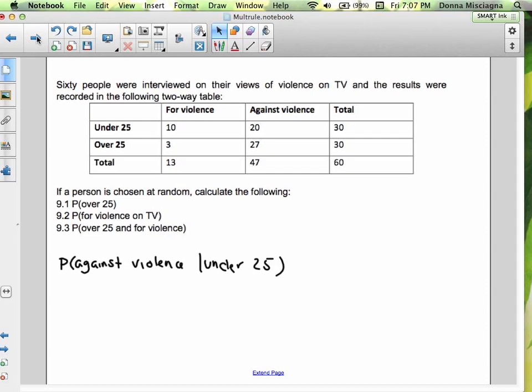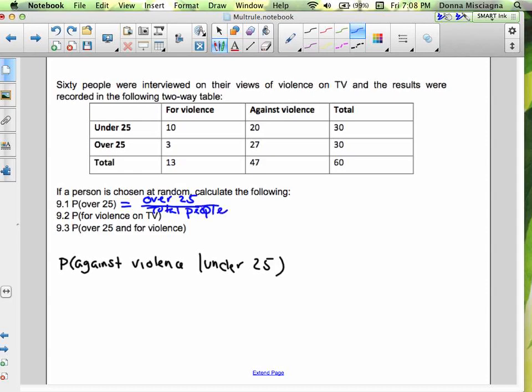So it's the probability you're over 25. Right? So that's just going to be the number of people that are over 25 over total people. This is a simple probability, nothing compound about this one.